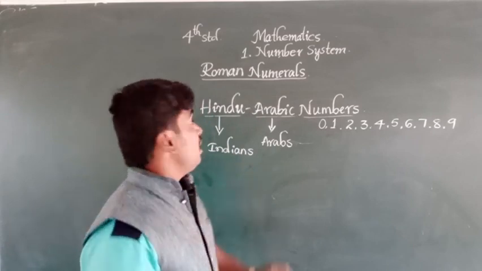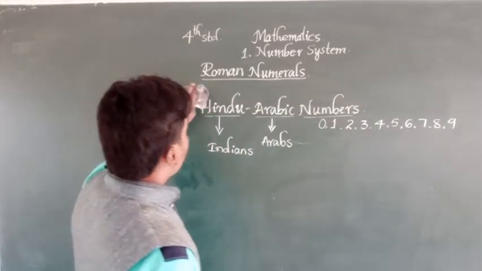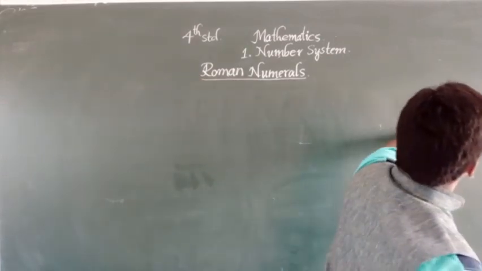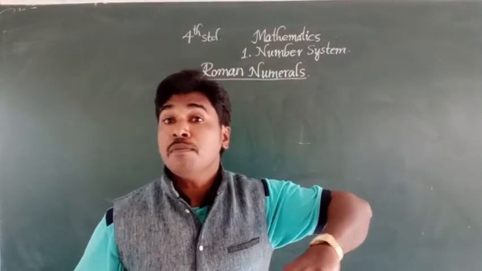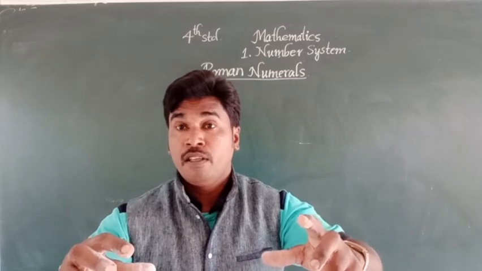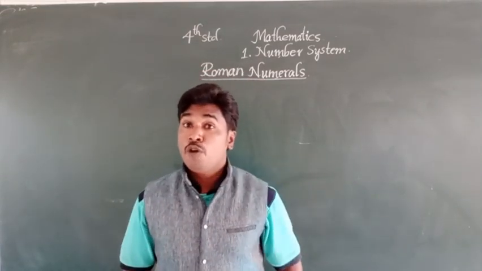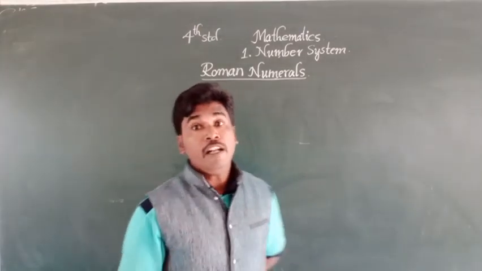Next part is Roman numerals. Who has introduced Roman numerals? Ancient Rome people. The people who lived in ancient Rome used some special numbers. They have taken these numbers from English alphabets. Do you know how many letters are there in the English alphabet?